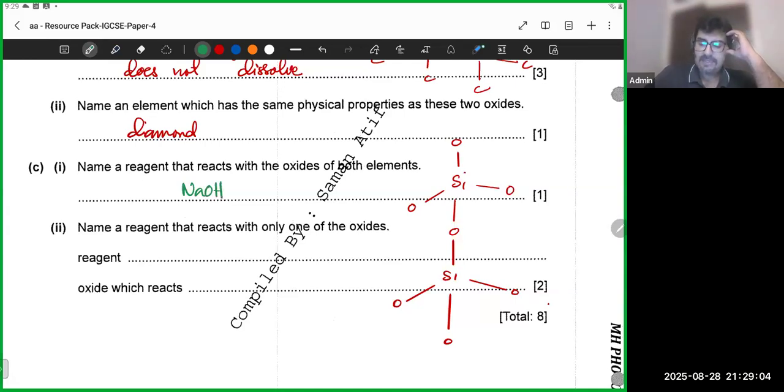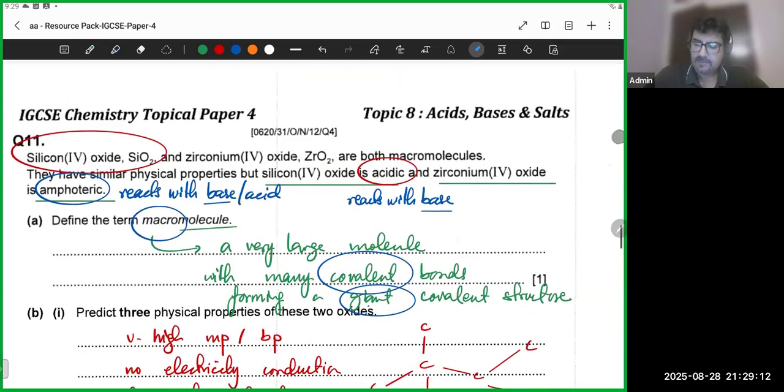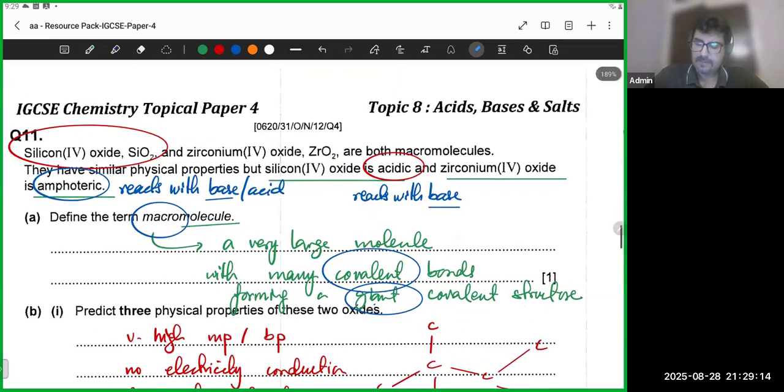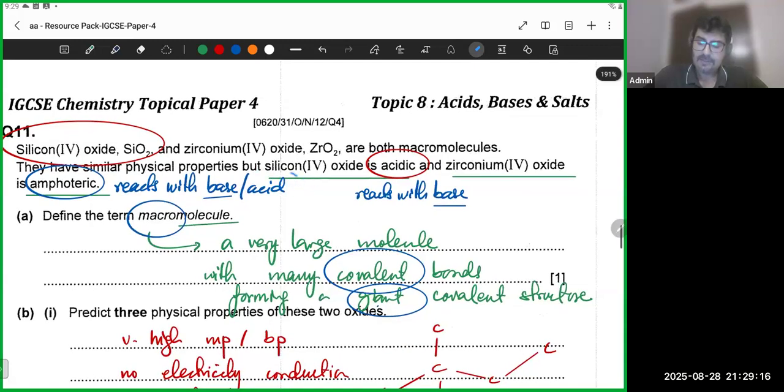And then he says, name a reagent that only reacts with just one of the oxides. So if it's one of the oxides, that's going to be an acid because the acid will react with the amphoteric one, but it will not react with the acidic one. The acidic is not going to react with an acid.